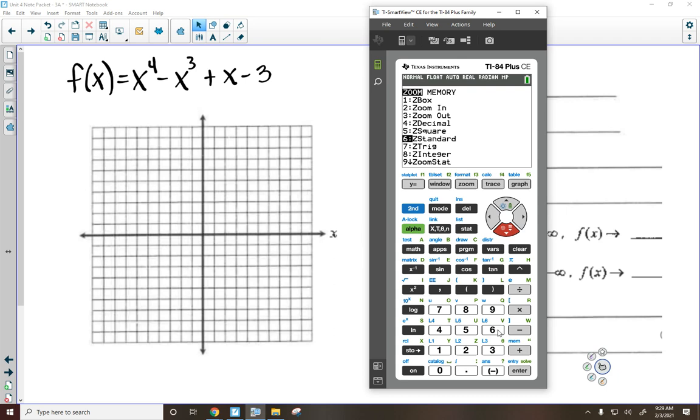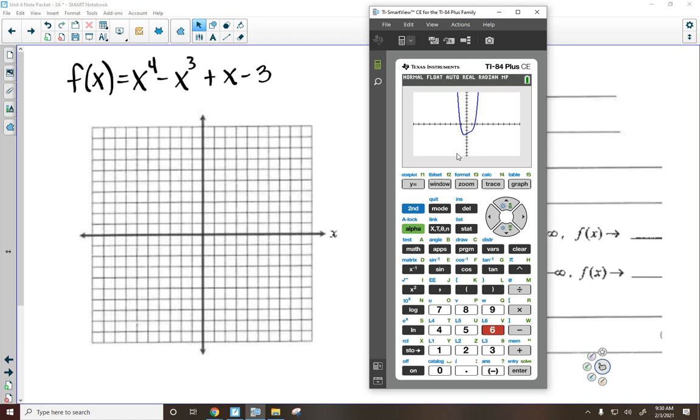This is going to automatically set your window to that negative 10 by 10. We can see the x min and max have changed for us. Now, you could, of course, just hit the window button and change those manually, but zoom 6 is the fastest way to snap your window to that standard viewing angle.